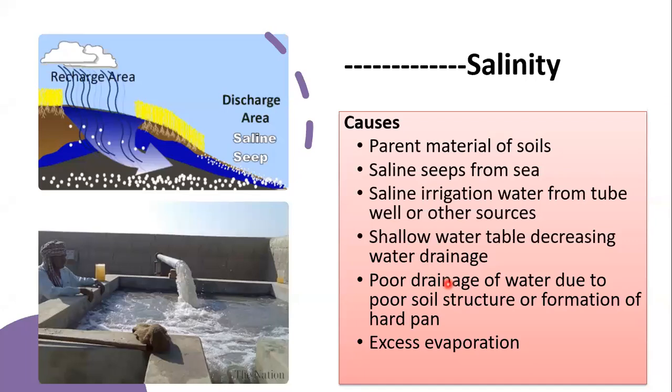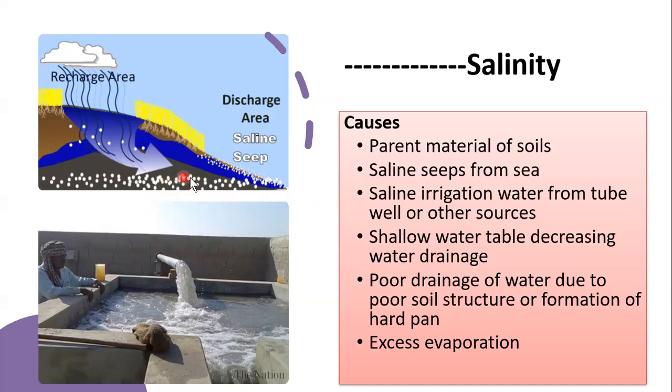Causes: the parent material of the soil sometimes has a high concentration of salt. Then we have saline seeps from the sea.